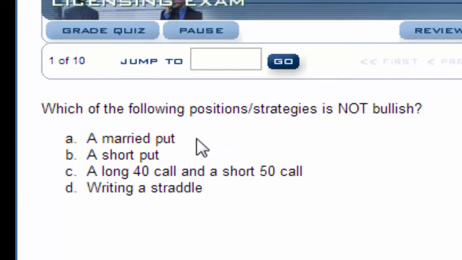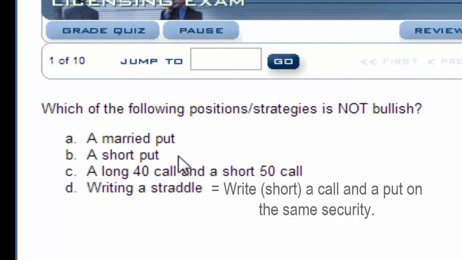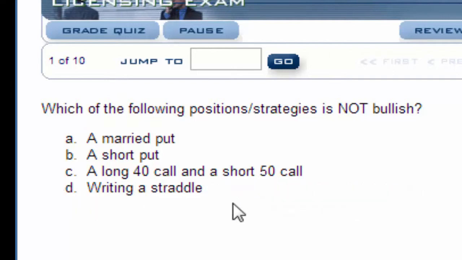So let's look at D. Writing a straddle. You may not know much about writing straddles, or maybe you know a lot, but either way, we've narrowed it down to this choice. Now, before we just pick it, let's think about what happens when you write a straddle. You write a call and you write a put simultaneously. If you look at the trade, you have elements of both bullishness and bearishness. So which one is it? Well, truth be told, it's really neither.